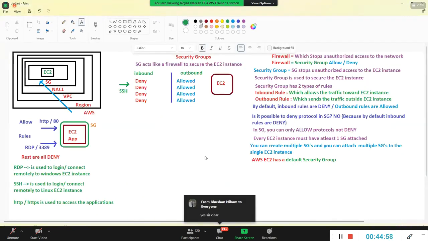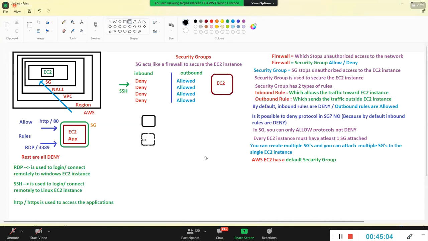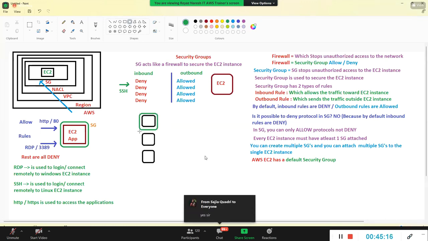I also told you clearly that each EC2 instance can have its own security group, or all the EC2 instances can have only one security group.